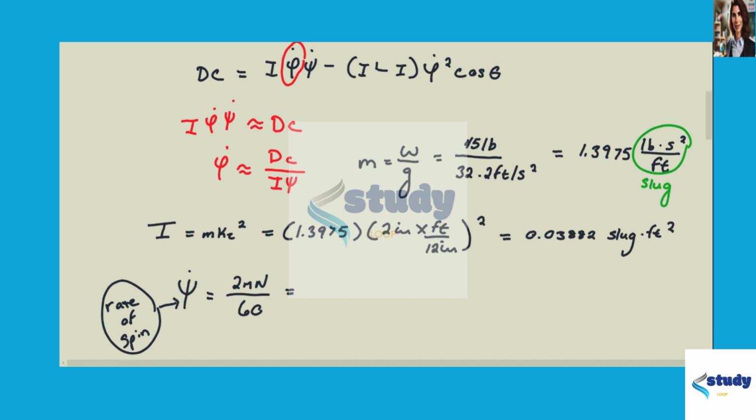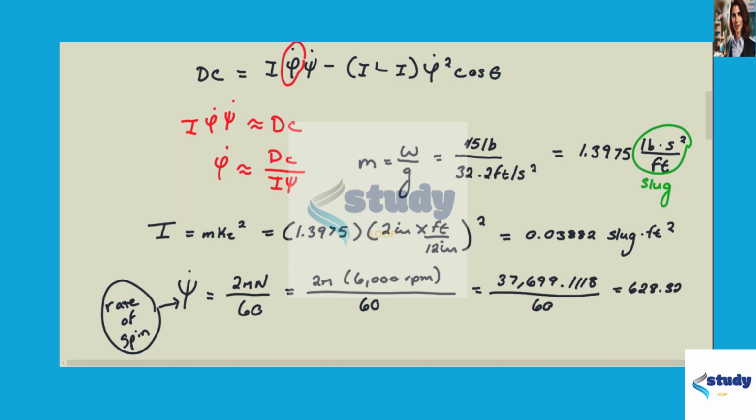And this one is 2 pi 6,000 RPM, okay, divided by 60. And we have 37,699.1118 divided by 60, and we get 628.32 radians per second.